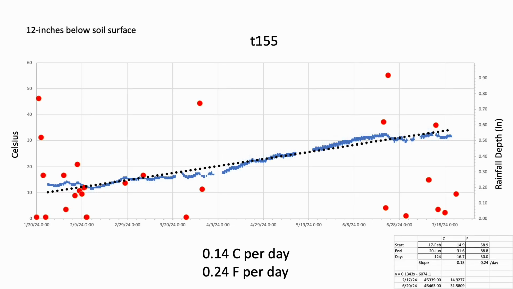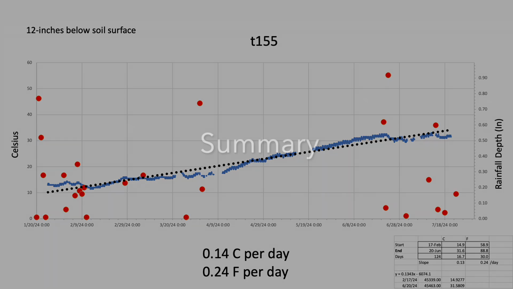But there's not much difference if we go another 6 inches deeper in the soil profile in terms of the heating and the absolute increase in temperature per day. This was kind of interesting to me. I thought I'd see a little bit more variability between 6 inches and 12 inches in terms of the slopes and the absolute heating, but that extra 6 inches didn't really make much of a difference outside of eliminating the variability in absolute temperatures.